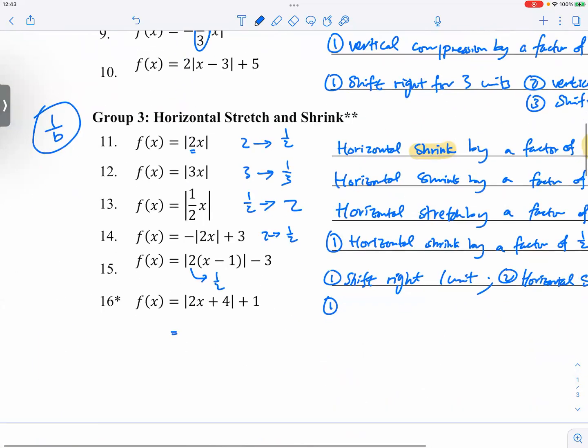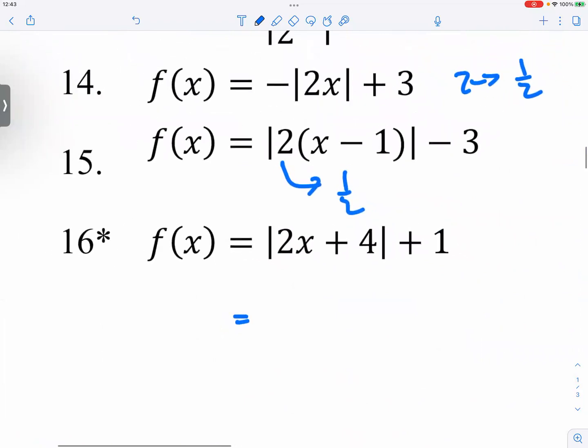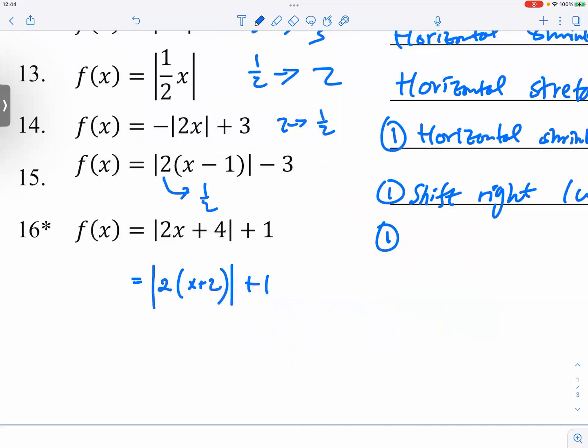That's why you didn't see parentheses for number 16, and we will need to have a pair of parentheses. So you factor out the 2 from both terms, not just this one, but from both. What do you put inside the parentheses? x plus 2.